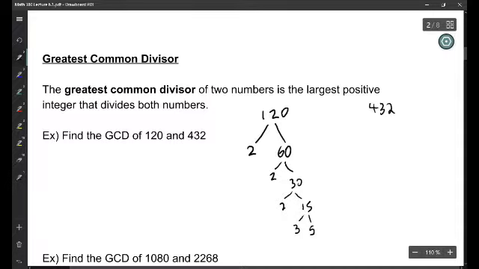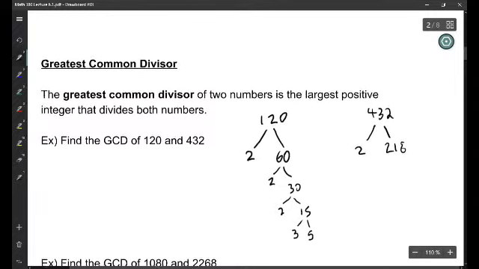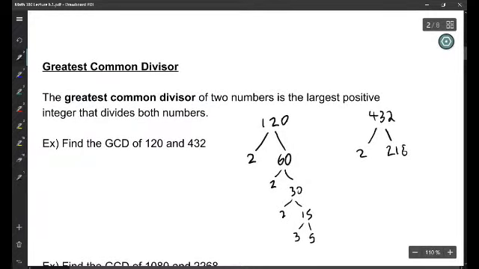432 is even, and we divide it by 2 and get 216. Which is also even, and we divide that by 2, get 108.